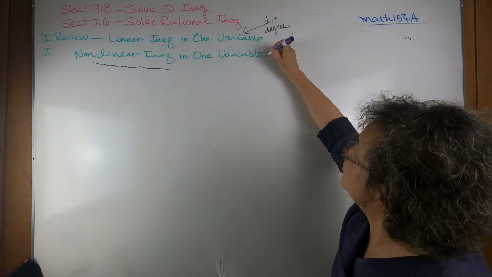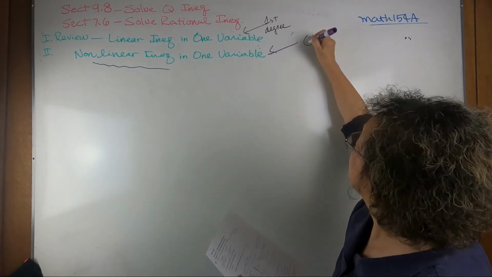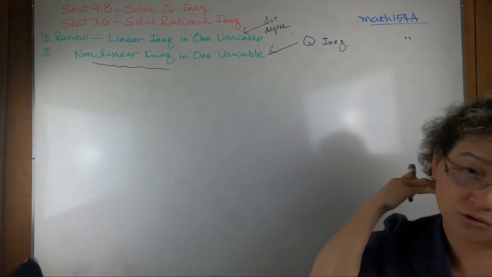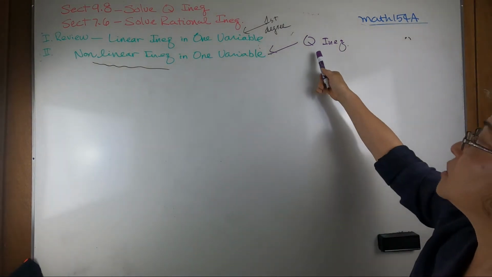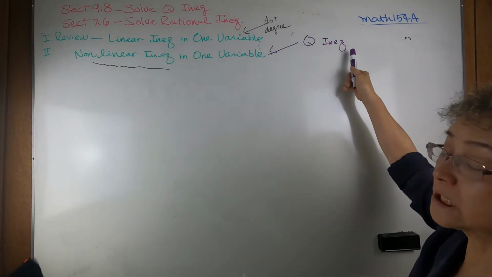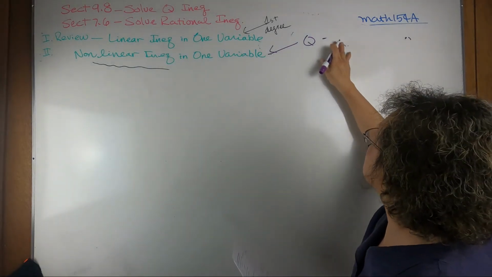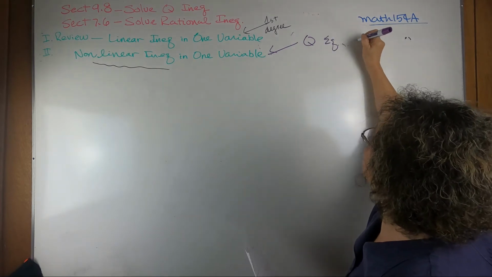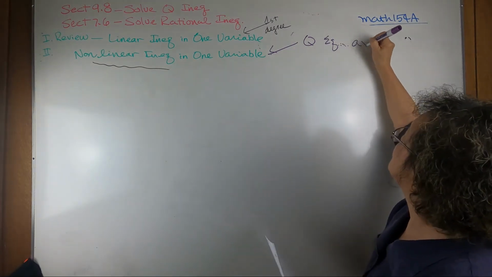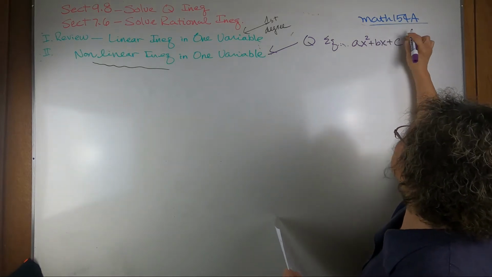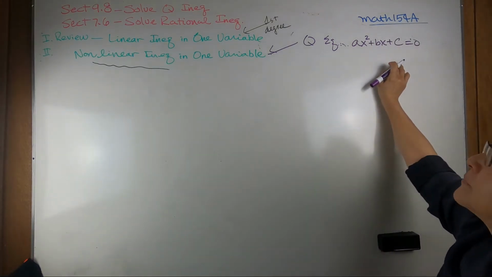Then if we do quadratic inequality, that's what we are going to do, okay? So what is a quadratic equation? Standard form, ax squared plus bx plus c equals 0, right? Second degree.